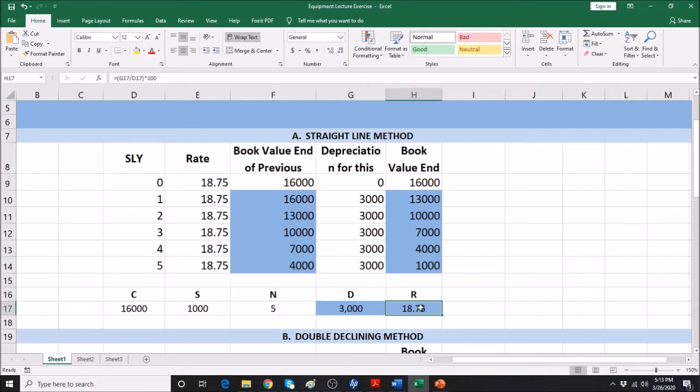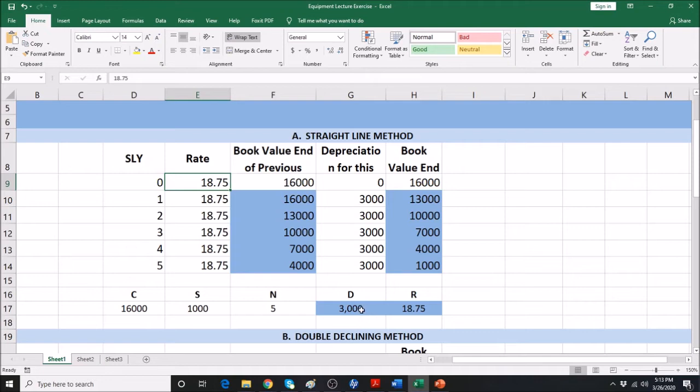To calculate the rate of depreciation, it is simply your depreciation divided by the initial cost, and that will give you the rate of depreciation. Because it's uniform, all of these should be the same. So again, how do we calculate these values here?